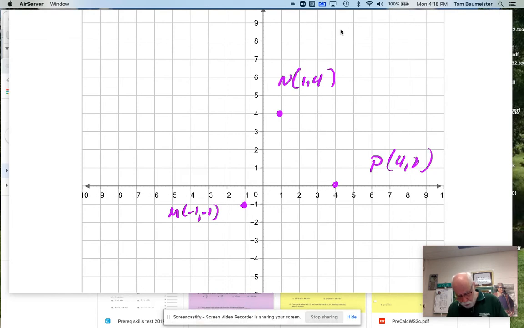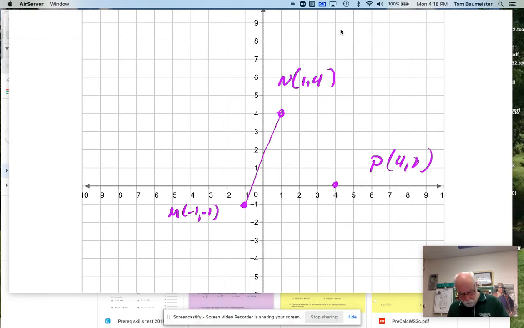Find this slope. Now, from what I'm told, it's not going to let you draw the line there. So that's why we suggest maybe use a piece of graph paper. But there's my line. Now, what is my slope there? What do I need to do to get there? So just think.